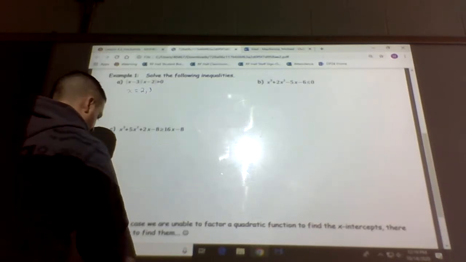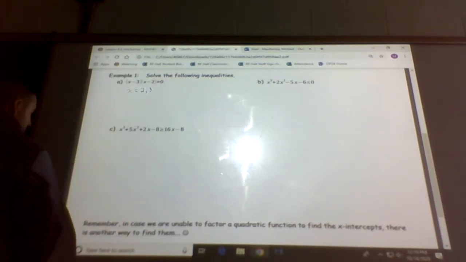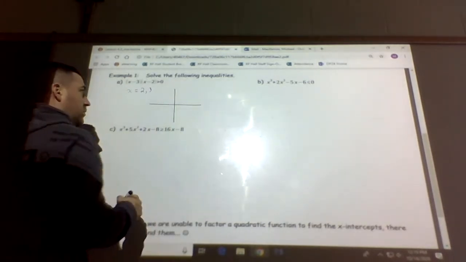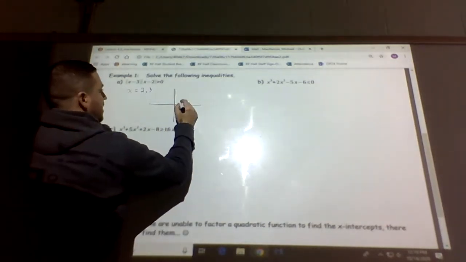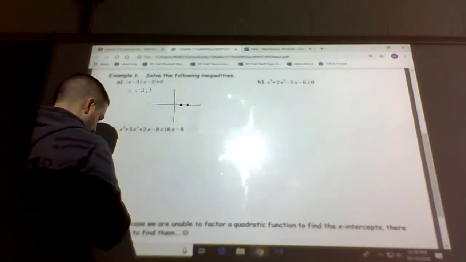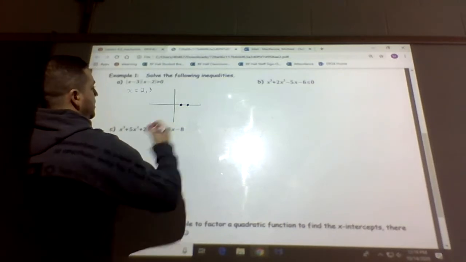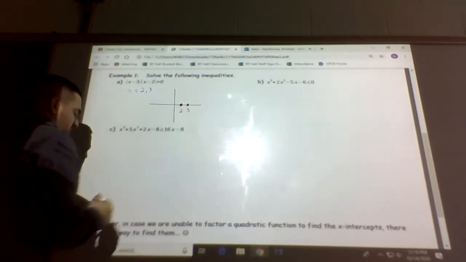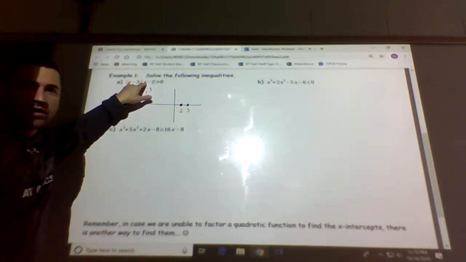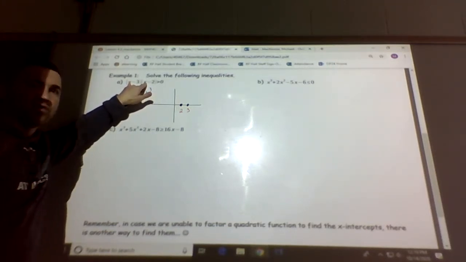So why do we need that information? Well, if we have a graph, we have our intercepts at 2 and 3. Here we have two x's. If we were to multiply them together, you get an x squared, so we have a quadratic.